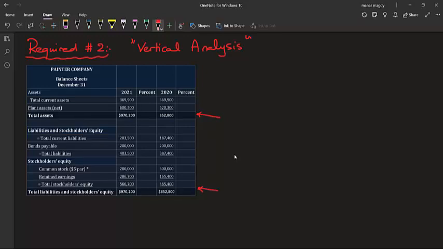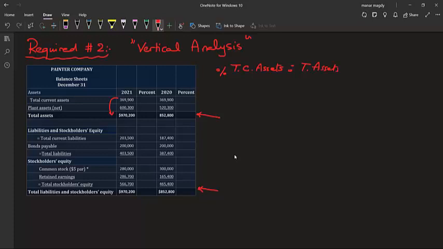What do I mean again? You're going to compare how much the total current assets represent from the total assets. How can we calculate the percentage for the total current assets in reference to the total assets?